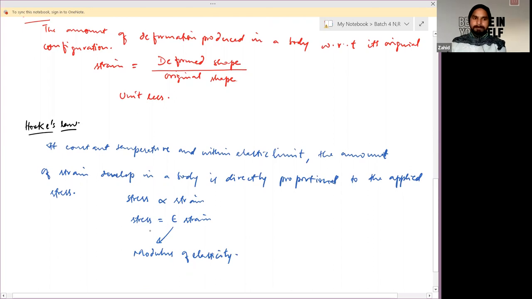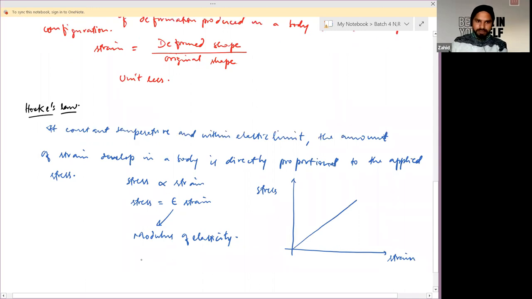So from this, we can say stress is directly proportional to strain. If you draw a curve of stress and strain, since these two are directly proportional, you'll get a straight line. And if you rearrange this equation, you will get E equals stress divided by strain.